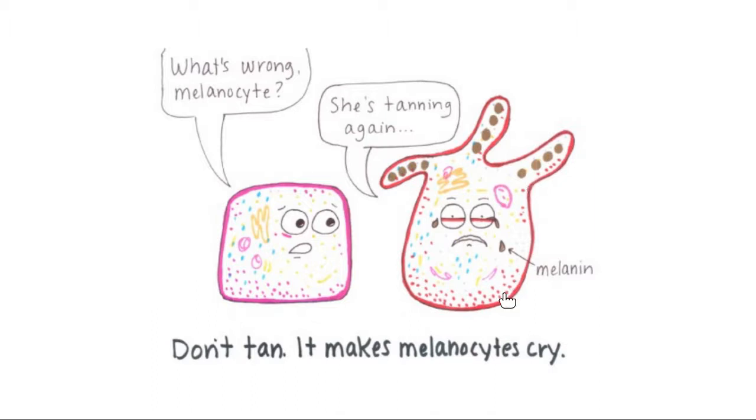That's what happens with our melanocytes here. So you go tanning and you're exposed to UV radiation. Melanocytes make a whole bunch more melanin, so much melanin they're crying about it. They're giving that melanin away to your other cells. They're not keeping it for themselves. And the UV radiation can actually come into the cell and mutate the melanocytes' DNA.